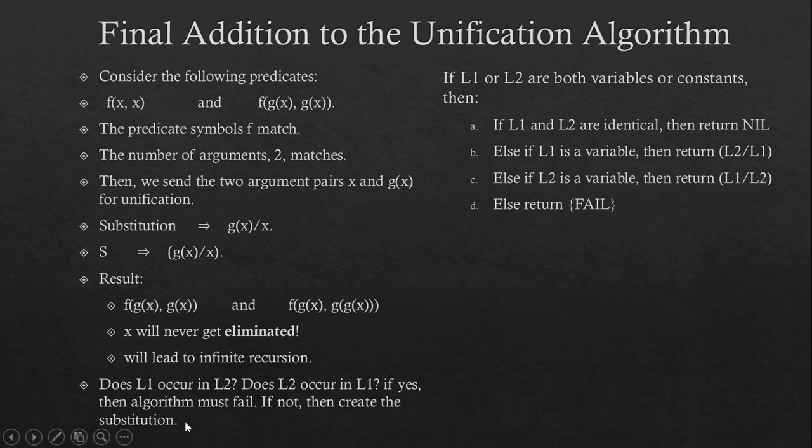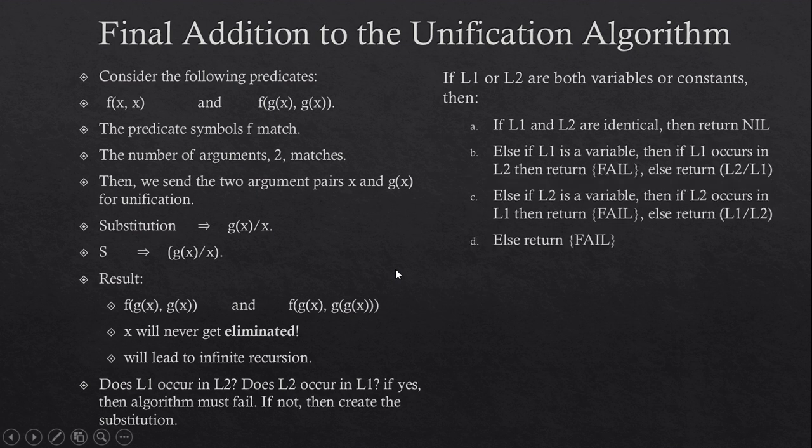Should we go ahead and accommodate this change in the steps that we wrote for algorithm? Check: If L1 and L2 are both variables or constant, then A. If L1 and L2 are identical, then return nil. Else, if L1 is a variable, then if L1 occurs in L2, then return fail.